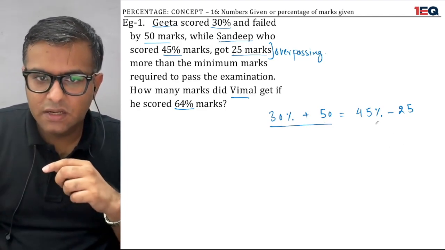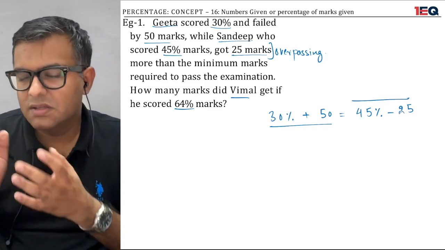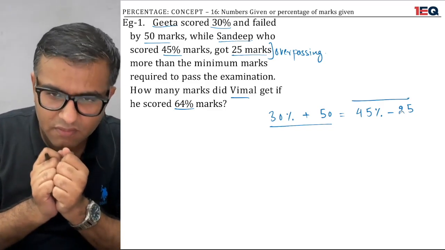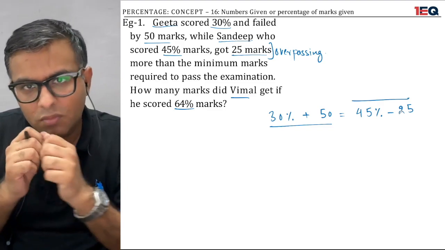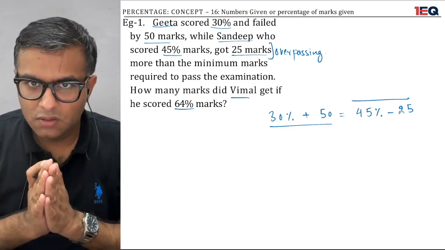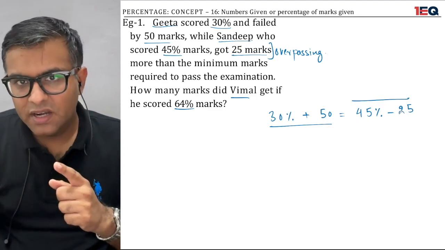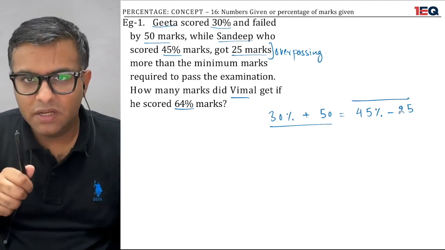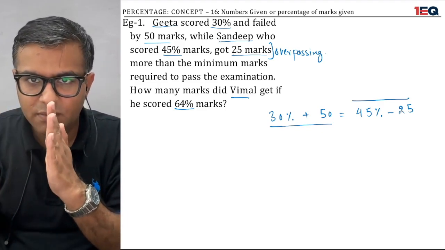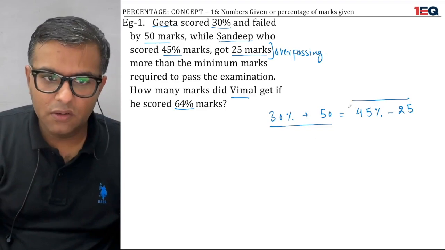On the right hand side, having 45% marks and reducing your marks by 25 would bring you back to the passing point. And these two borders are equal because there is one single line of passing. Beyond this, everybody passes. Beyond this, everybody fails.